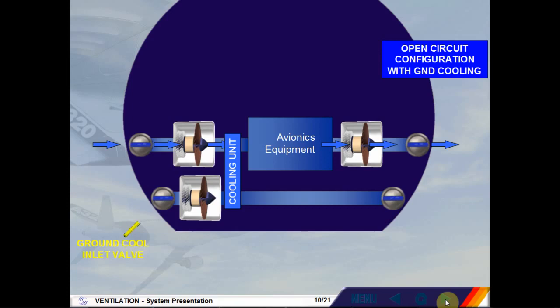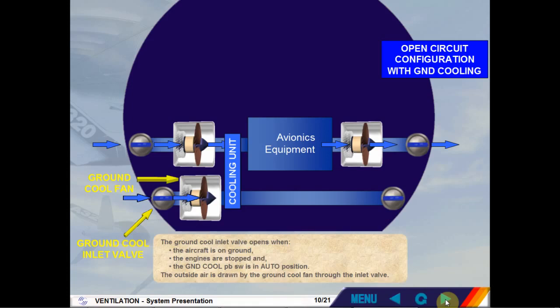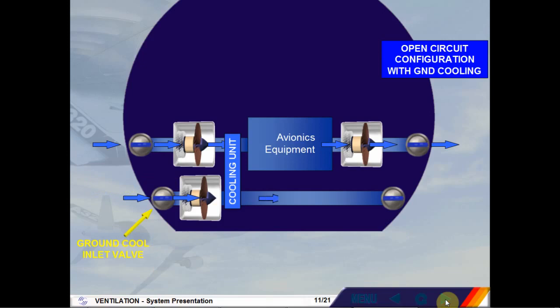The ground cool inlet valve opens when the aircraft is on ground, the engines are stopped, and the ground cool push-button switch is in auto position. The outside air is drawn by the ground cool fan through the inlet valve. The air from the cooling unit is then discharged overboard via the outlet valve.